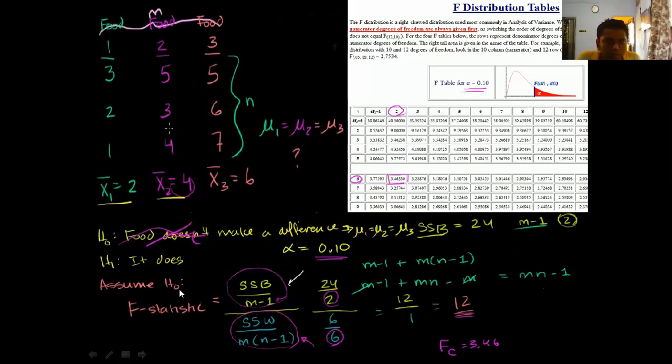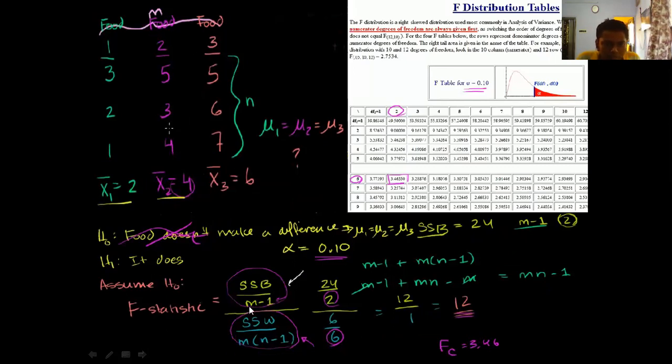Now you'd like to compute the F statistic. So what you are going to do here, you want to check the sum of square between divided by m minus 1, divided by sum of square within divided by m into n minus 1.